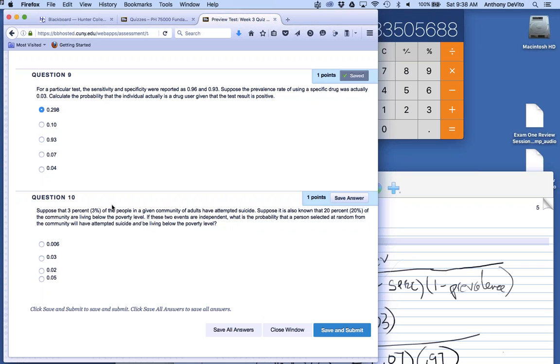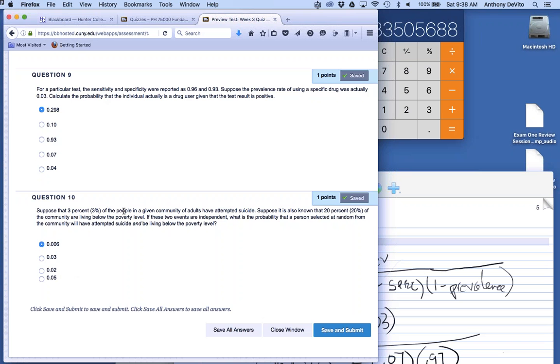If there's no association between these two events, the answer would be simply 0.03 times 0.2, which would be 0.006, right? Everybody agree with that answer? Right? It's the multiplication rule. The key here is that these two events are independent.